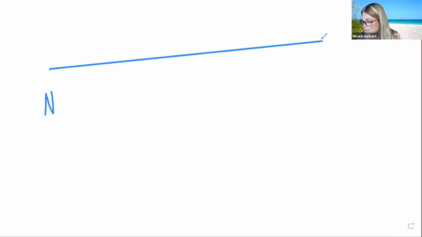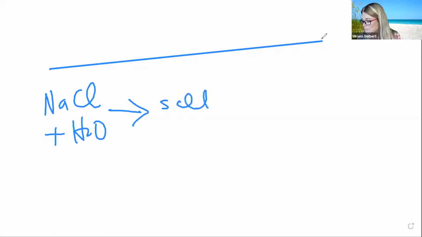So when you look at, for example, a solution of salt, the solution will be like this, right? So this is a solution of salt. Sodium chloride plus water, right?